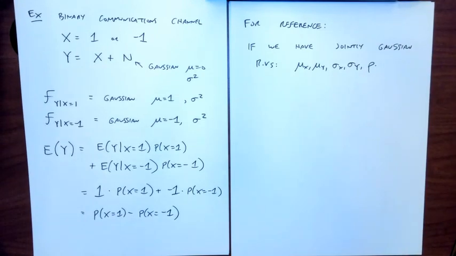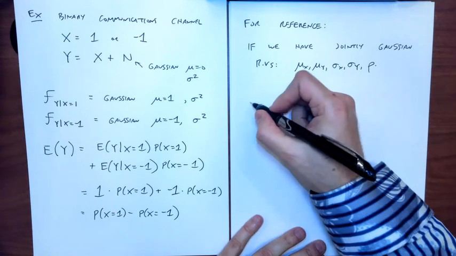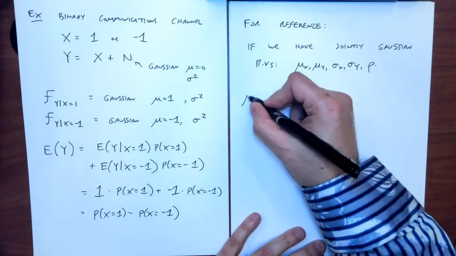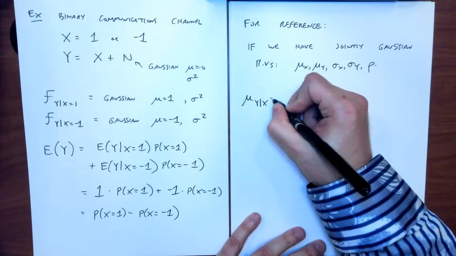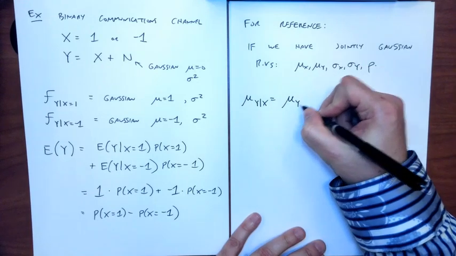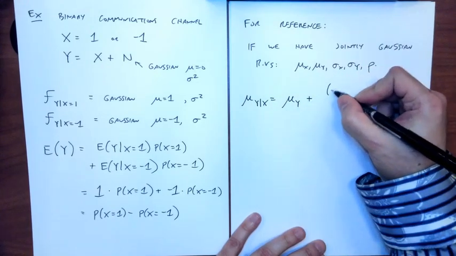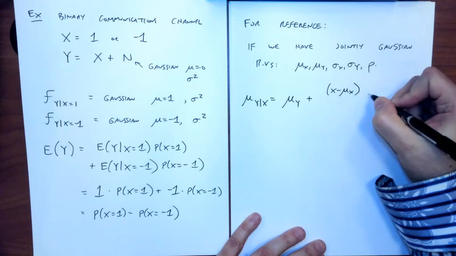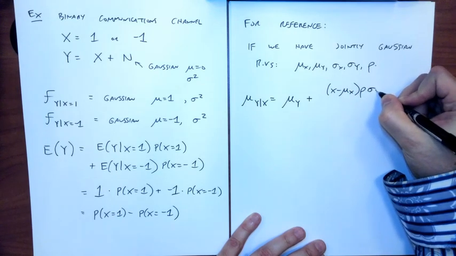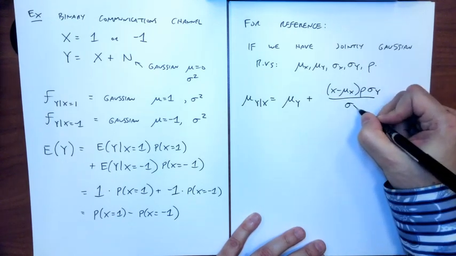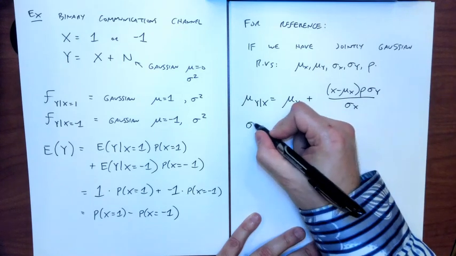That's what I need to define my two-dimensional Gaussian random variable, right? It turns out that the conditional mean is given by this formula. This is just really for having it written down somewhere. Don't worry about this too much.